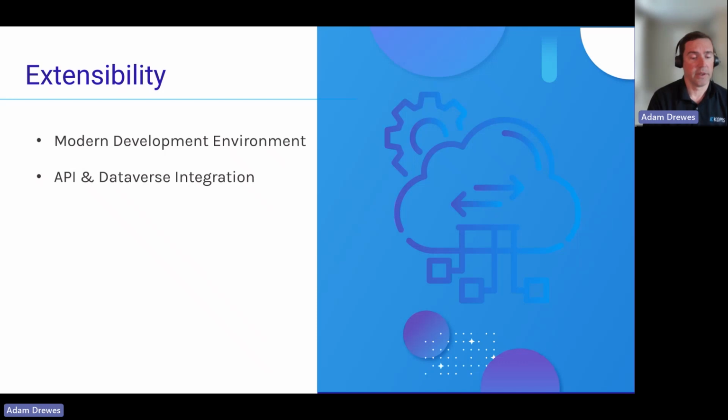Customizing an environment historically, and this doesn't end with this new environment, but the more we customize it, especially historically, meant that the cost of upgrades was significant. The way we upgrade, the way we extend Business Central is different than NAV. It's also different than GP and SL.